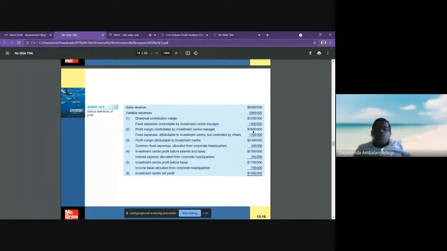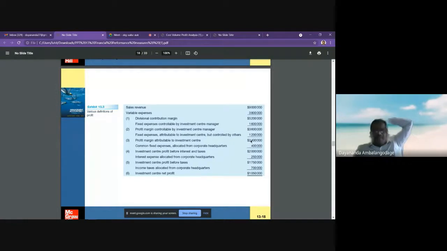But if you are going to evaluate the branch, not the manager, you can evaluate the branch as well as the manager. If you are evaluating the manager, you take profit number 2, but if you are evaluating the branch itself, I think what is appropriate is profit margin attributable to the investment center, the profit margin attributable to your branch.